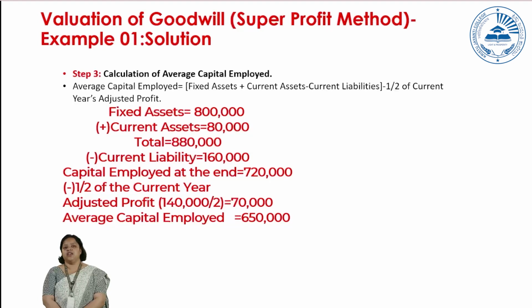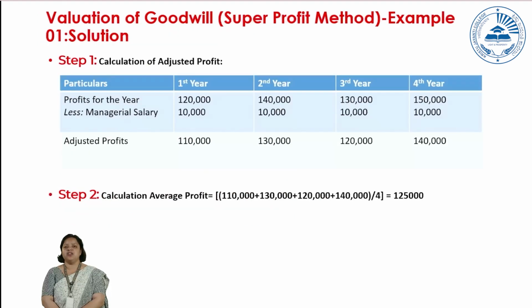From there, to calculate average capital employed, we need to minus half of the current year's adjusted profit. As I mentioned, we always need to consider the last year's adjusted profit. In step 1, the last year adjusted profit is 1,40,000.